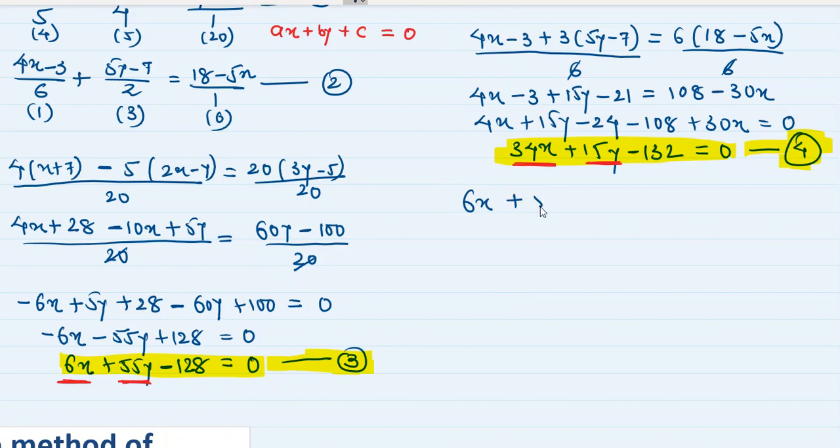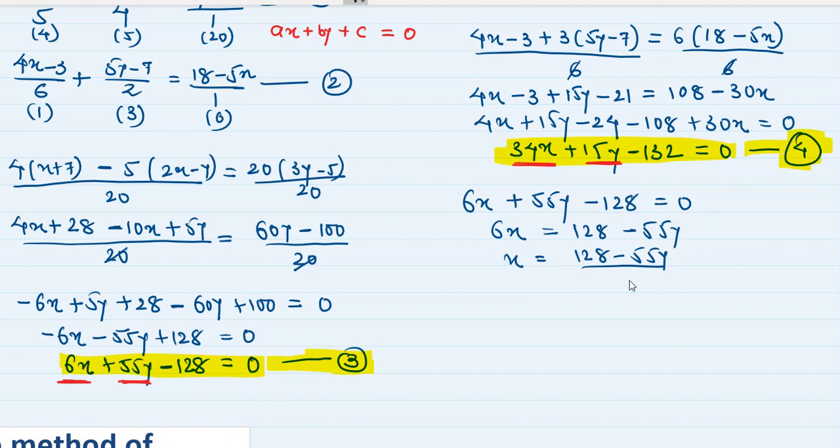6x plus 55y minus 128 is equal to 0, or I can write it as 6x is equal to 128 minus 55y, or x is equal to 128 minus 55y, the whole upon 6.